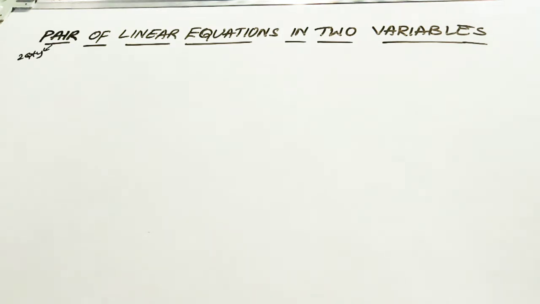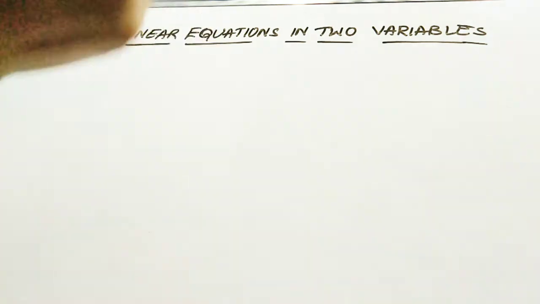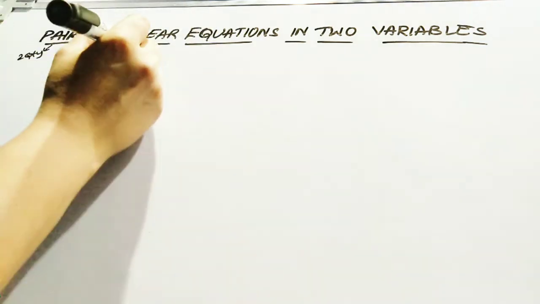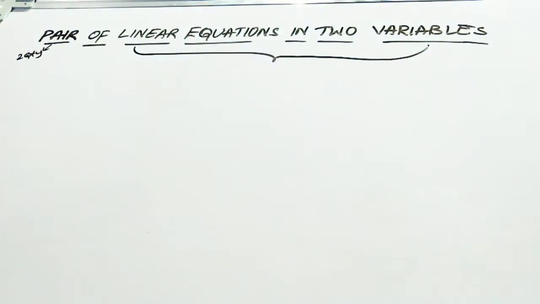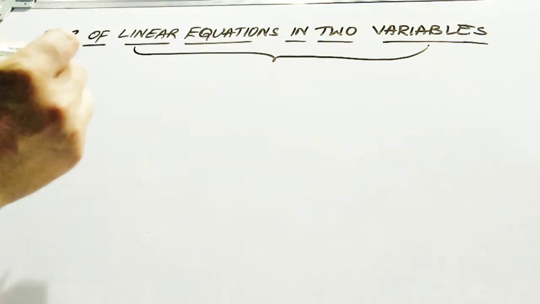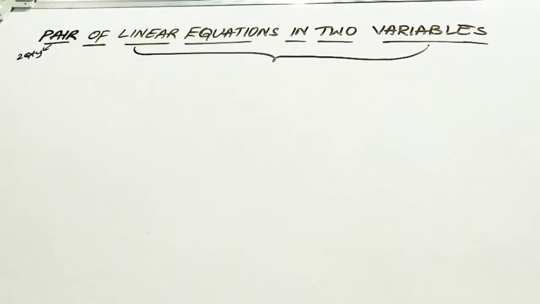Before going to that pair, we discuss what a linear equation in two variables is. A linear equation has a general form, and we have to follow that form.